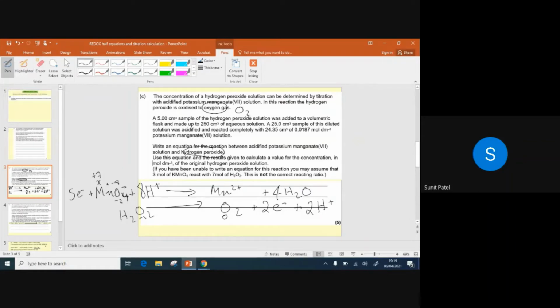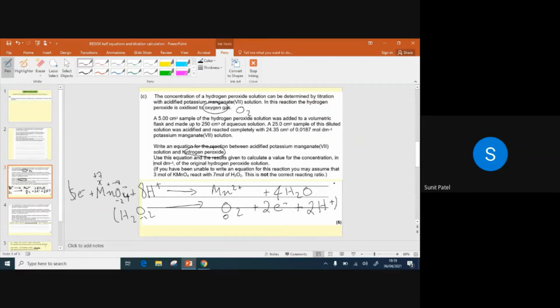Now all we need to do is cross multiply by the electrons on each equation, and then we can write a full balanced equation. So here I've got to multiply the whole line by 2, and the bottom one I need to multiply by 5 because of the 5 electrons there.